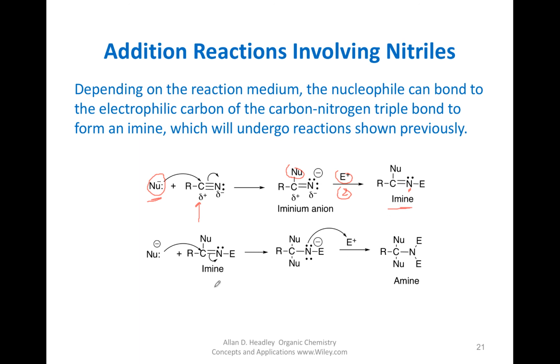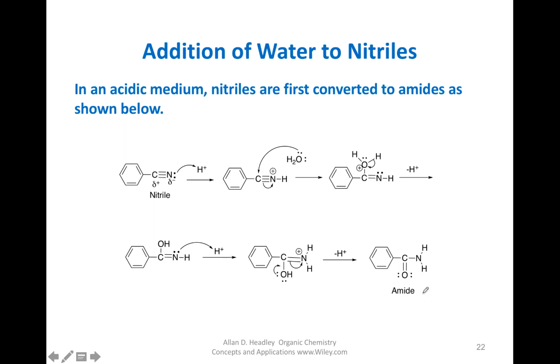So again, this is the overall mechanism of this reaction as shown. The first step is the nucleophile reacting with the nitrile to form the imine, reacting with an excess of nucleophile to form the amine. Let us apply that.